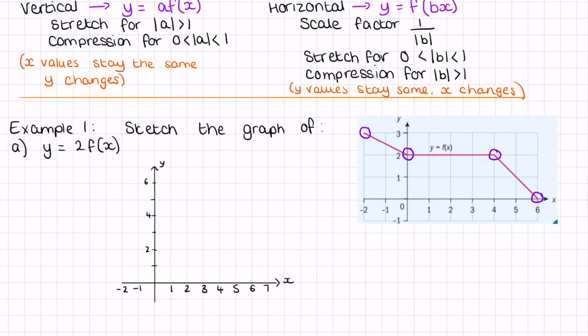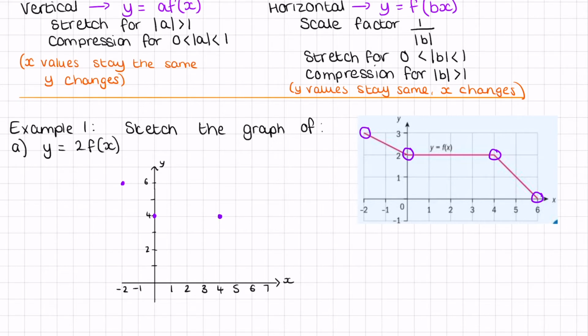The first one is at -2, 3. The x value stays the same, so it's still at -2, but it's stretching by 2, which means it won't be at 3 anymore, it will be at 6. I'm going to plot that point. The y-intercept is at 0, 2. Stretching by 2 means it will now be at 0, 4. 4, 2 is the next point, which will now be at 4, 4, so it stretches by 2.